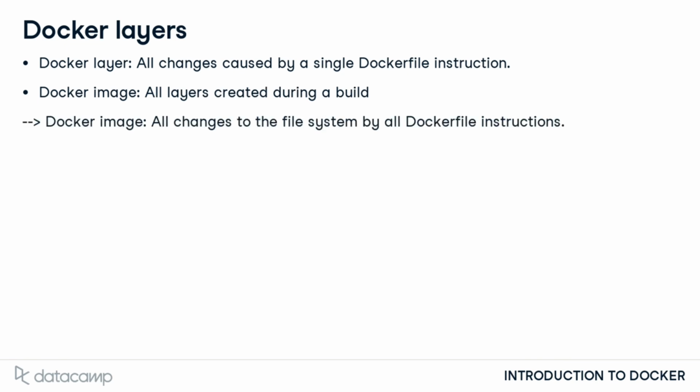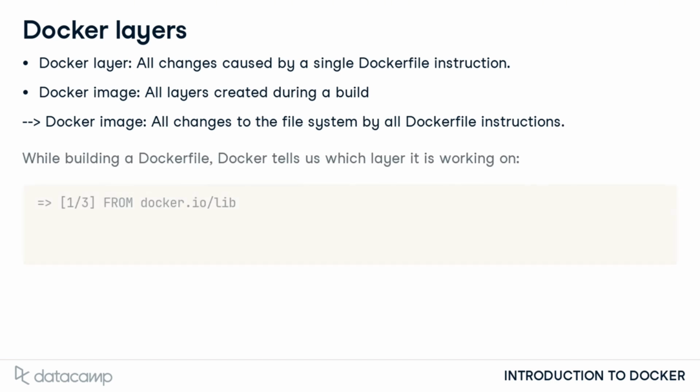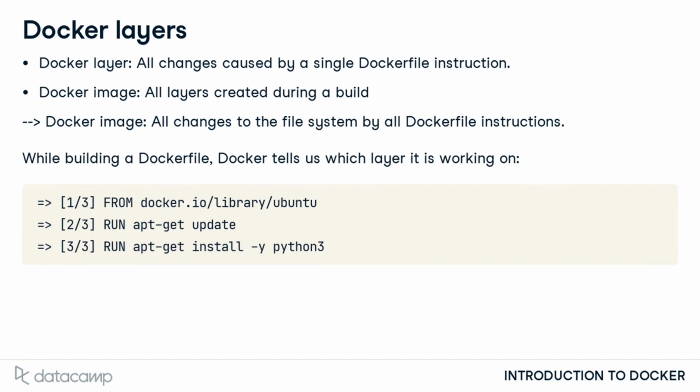All layers together make up a Docker image. There is also some metadata, like the start command set with the CMD instruction. While building a Dockerfile, we can clearly see when Docker is working on the next layer and on which layer it is working from the output. Like at the bottom of the slide, Docker will print which step it is building out of the total amount of steps whenever the next instruction in a Dockerfile starts building.